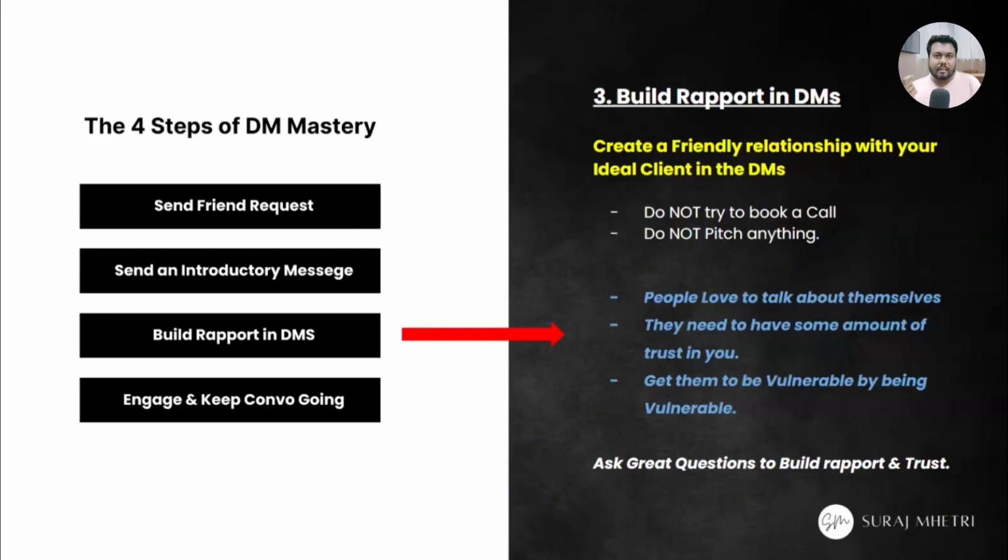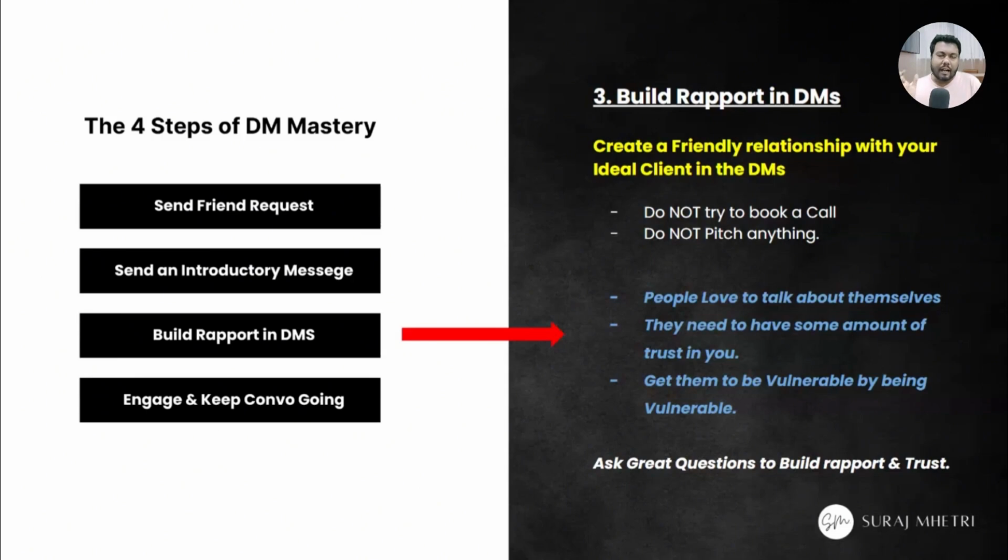Try to share snippets of your own life. For example, if someone is opening up about their struggles, their fears, their problems, you can say, yes, I have struggled with the same issue in the past as well, right? So ask great questions to build that initial rapport and trust. Remember that one of our goals here is to get the friendly conversations going. And when they have some amount of trust in the person they are speaking with, people love to talk about themselves, isn't it?